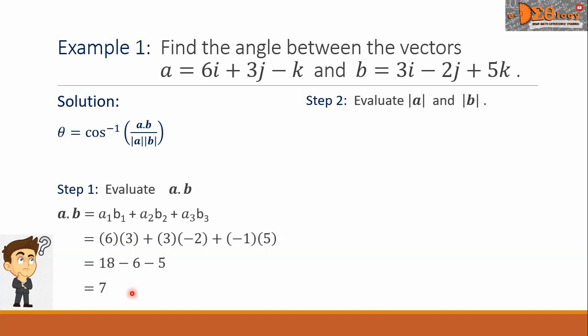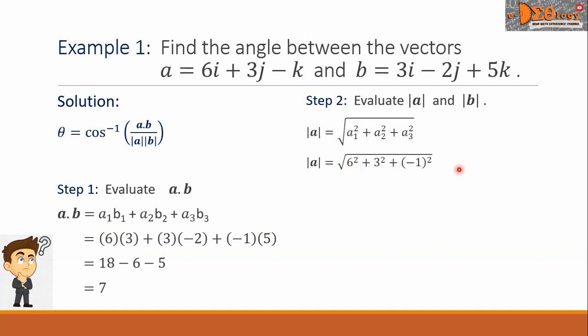For step 2, let us evaluate the length of A and the length of B. Let us write the formula for the length with respect to A. And let us substitute the corresponding values. So length of A equals the big square root of 6 squared plus 3 squared plus the square of negative 1.